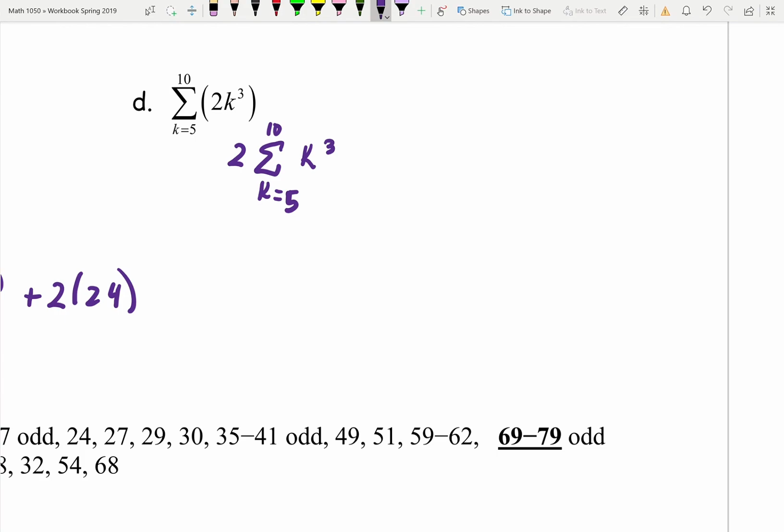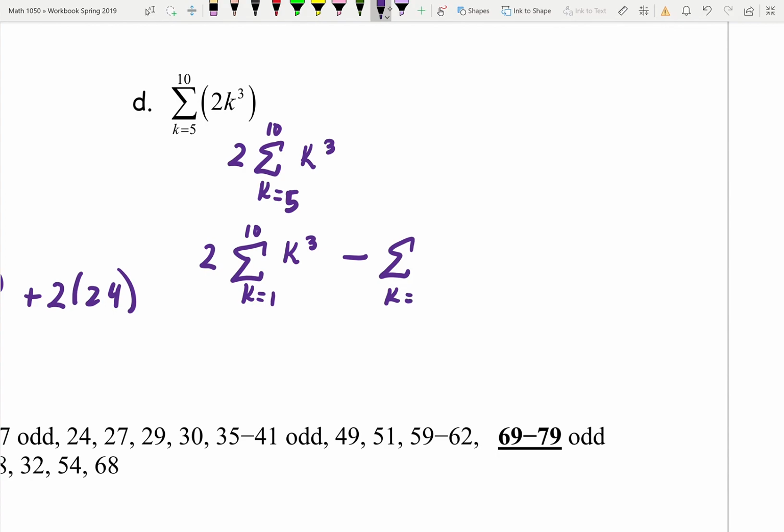Look what we're doing. I'm going to go 2 times the summation of k equals 1 to k equals 10 of k to the third. Well, that gives me 1 and 2 and 3 and 4, and I don't want 1, 2, 3, and 4. I just want 5 to 10. So now I'm going to subtract out the summation.